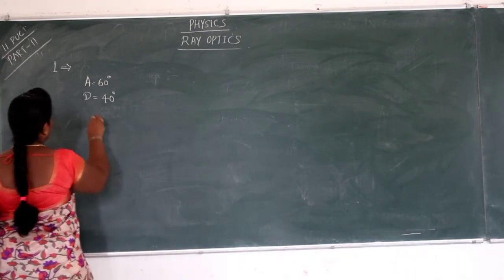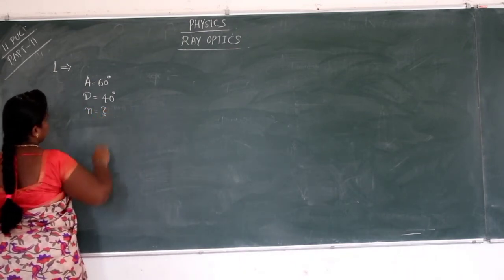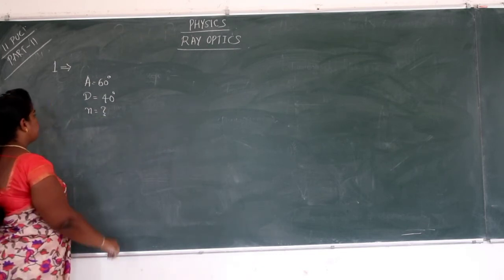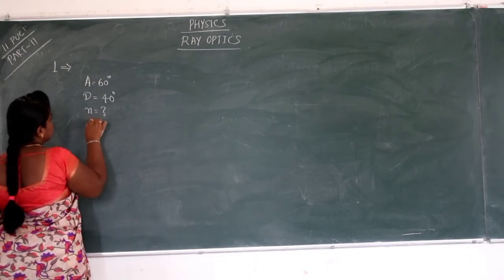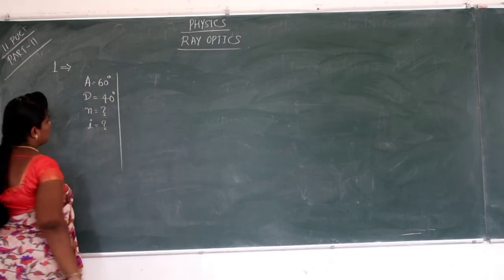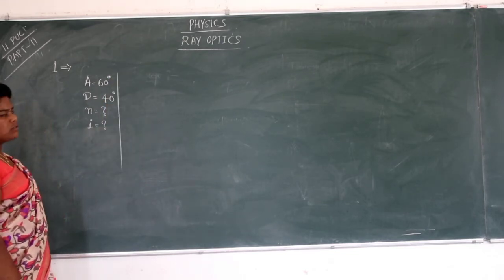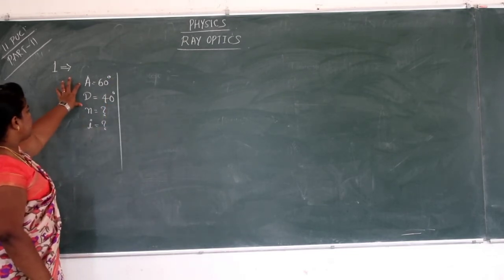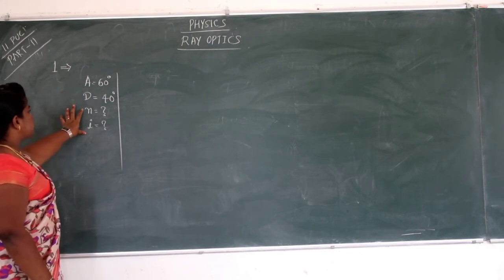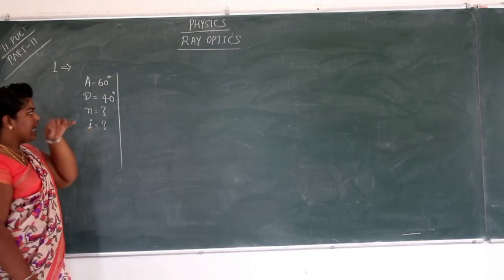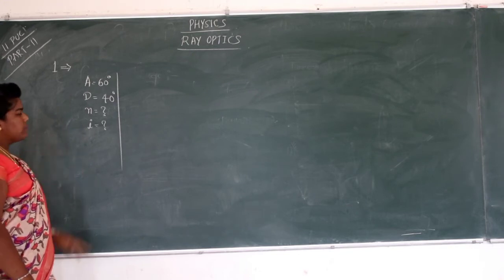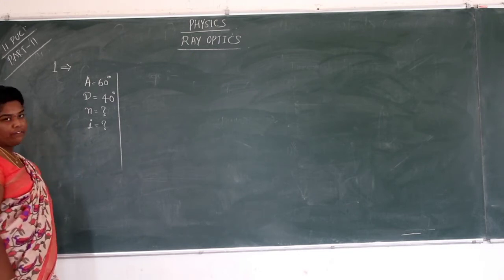We should calculate the refractive index, that is n is equal to question mark, and also the angle of incidence, i is equal to question mark. So these are the given values: A and D are the given values, and the values that we should calculate are n and i. Dear students, what is the formula required for this?